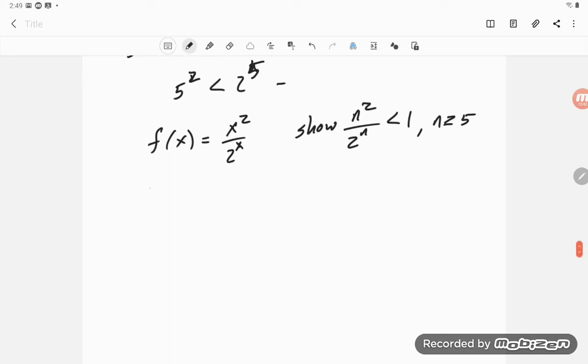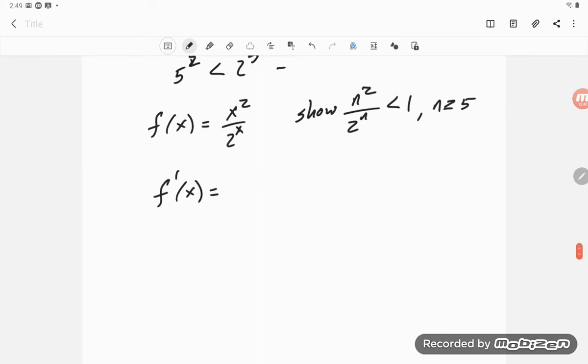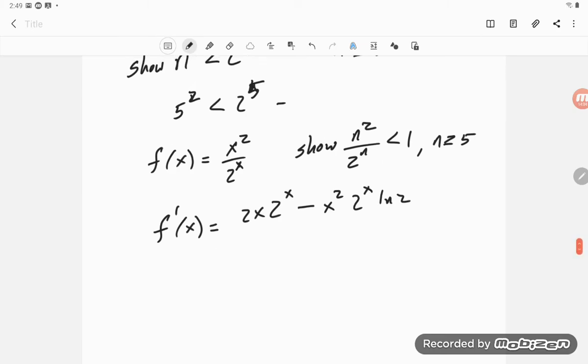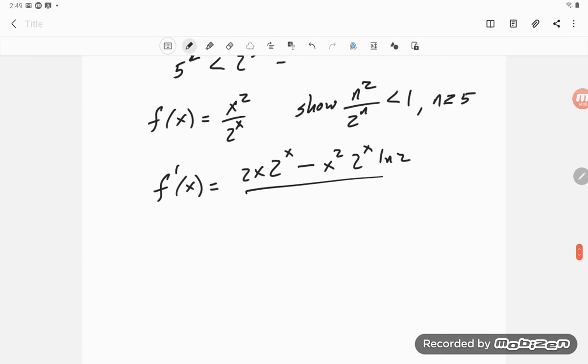But then, if we take the derivative, the derivative of the top, that's 2x, times the thing on the bottom, 2 to the x, minus the top times the derivative of the bottom. That's 2 to the x times log 2, divided by 2 to the x squared, or 2 to the 2x.